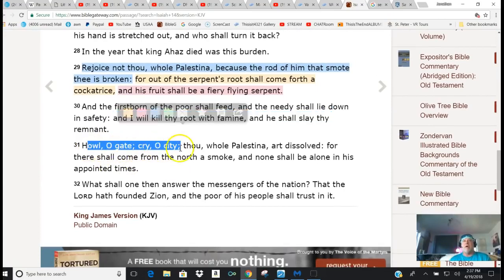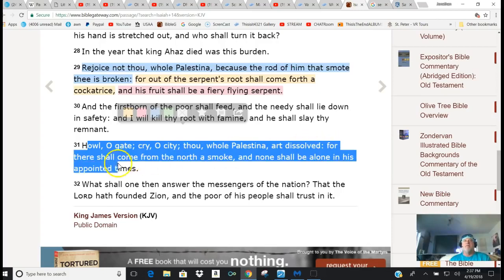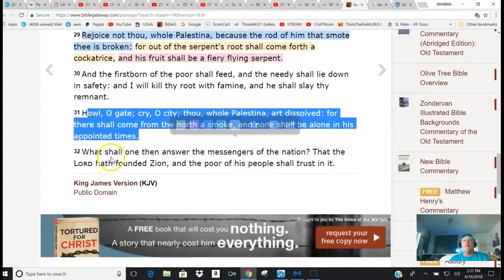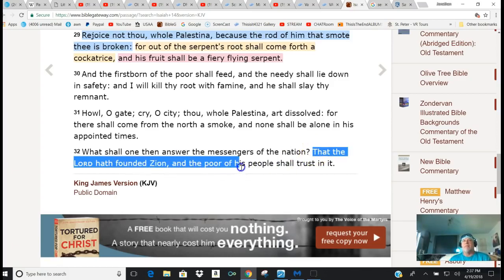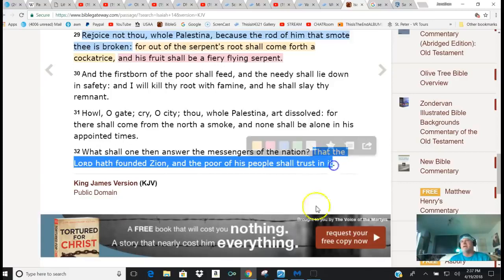Howl, O gate, cry, O city, thou whole Philistina art dissolved. For thou shalt come from the north a smoke, and none shall be alone in his appointed times. What shall one then answer the messengers of the nation, that the Lord hath founded Zion, and the poor of his people shall trust in it?